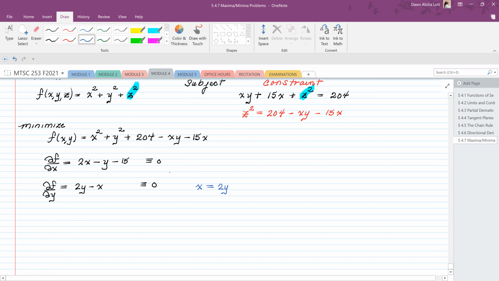So when I plug it into this equation, I get 2 times x, which is 2y, minus y minus 15 is equal to 0, or 3y is equal to 15, or y is equal to 5. And then if y is equal to 5, then I get x is equal to 10.